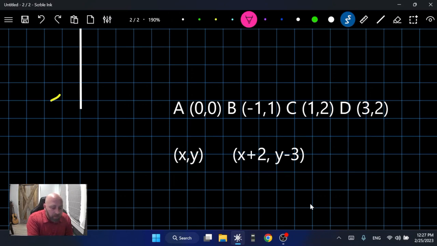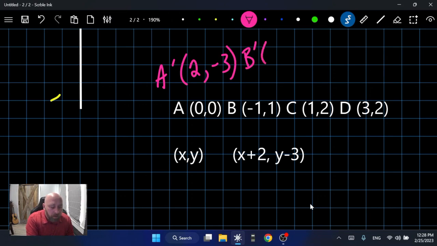So our A point, which we're going to call A prime, is going to look like 0 plus 2, because we take our X, which is 0, and plug it in for X. So our first coordinate here is 2. 0 plus 2 is 2. Then we take our Y, which is also 0, and plug it in here. 0 minus 3 is negative 3. Then we'll do the same thing with our B point, and then we need to do our B prime.